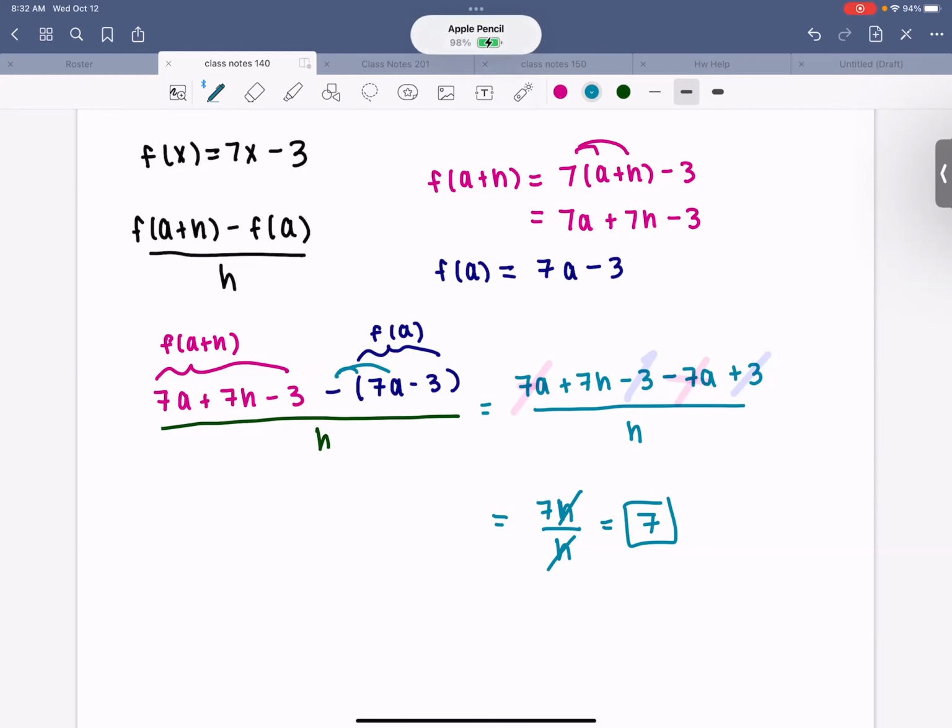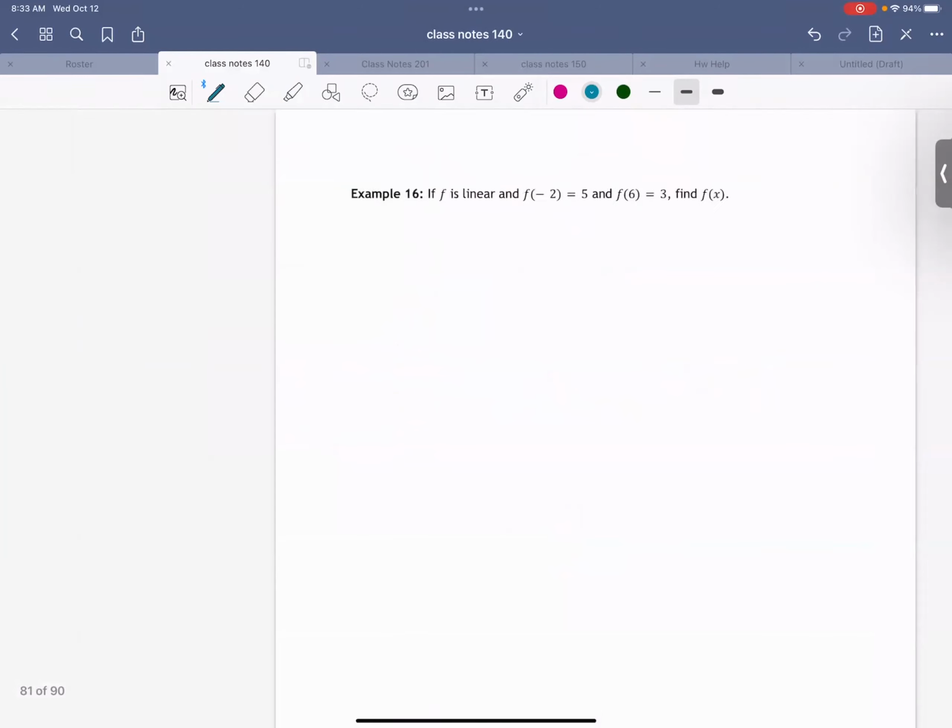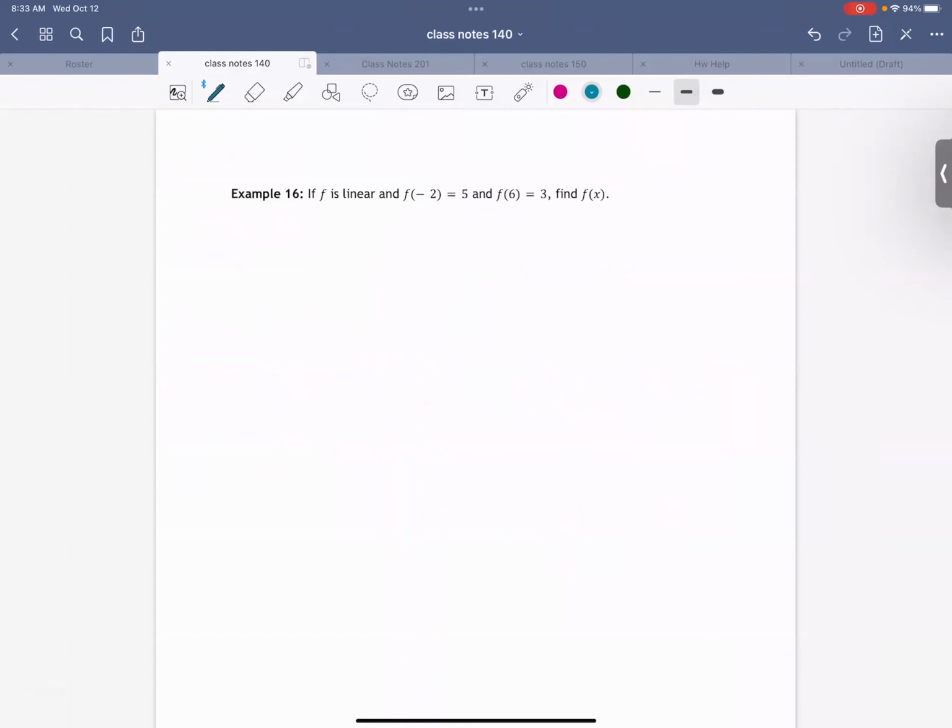Good. All right. Looks like I want to start a new set of guided notes, if that's all right with you guys. Probably not, but I don't have a choice. I know. All right. So the new set of guided notes looks like this. I don't think this is in your packet.